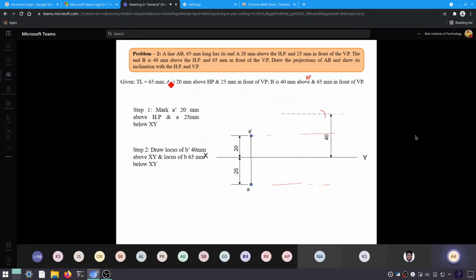So what you will get? A line having a point A, which is located at this position, that is 20 mm above HP, and we get the location of point B.